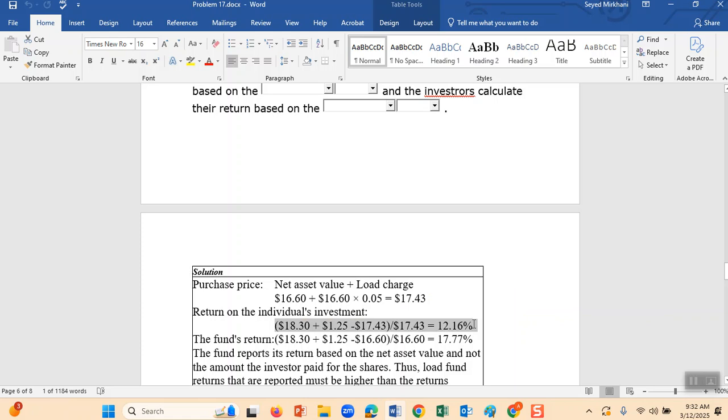Therefore, in order to get a return, you have to subtract whatever you paid from whatever the value is, and then you divide it by what you paid for. That is your return.